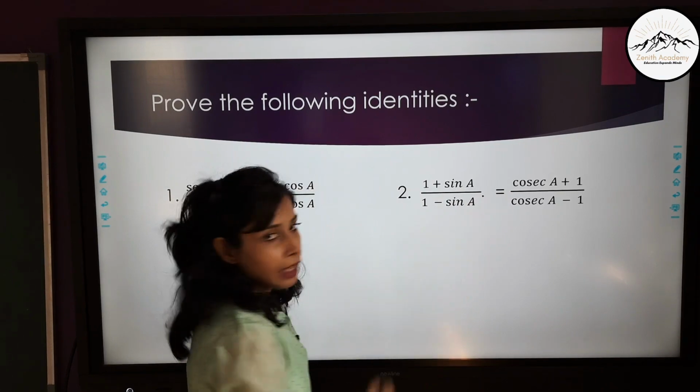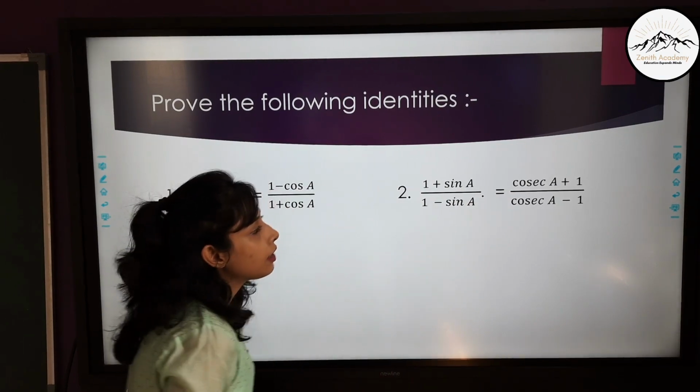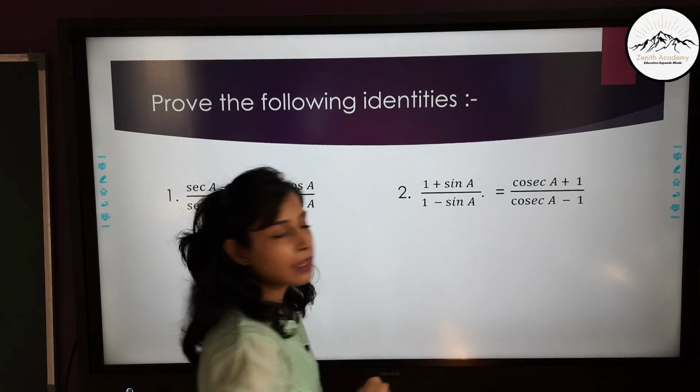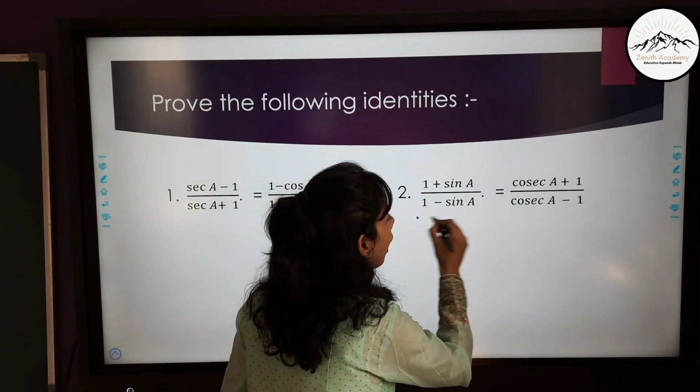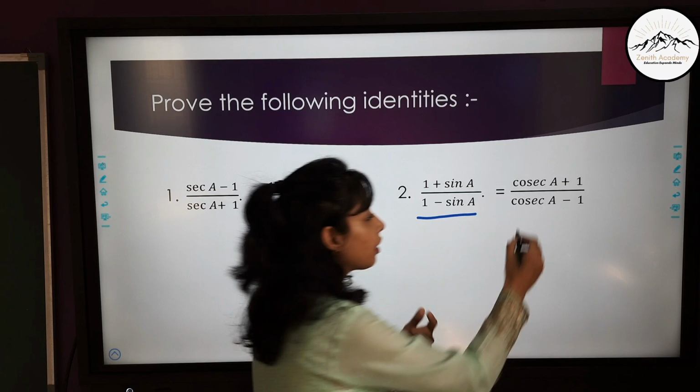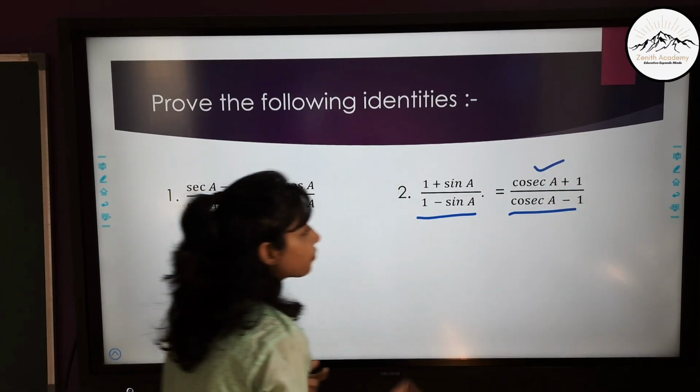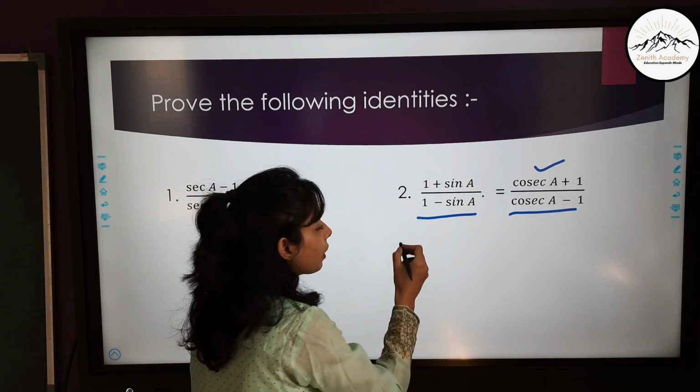Next: 1 plus sine A upon 1 minus sine A is equal to cosec A plus 1 upon cosec A minus 1. Either you take LHS or you take RHS to solve. Let's take the RHS here. You can take the LHS as well.